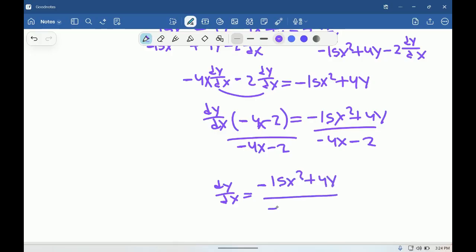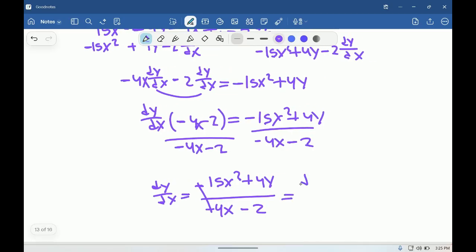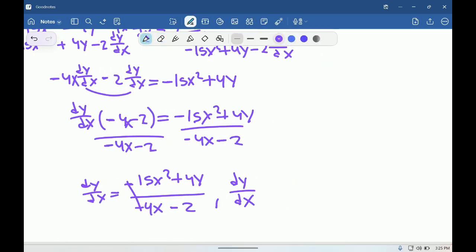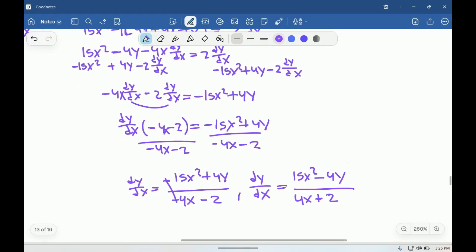But we can continue simplifying by factoring out and canceling the -1s, which is going to be dy/dx equals 15x² minus 4y over 4x plus 2. And this is going to be our final answer.